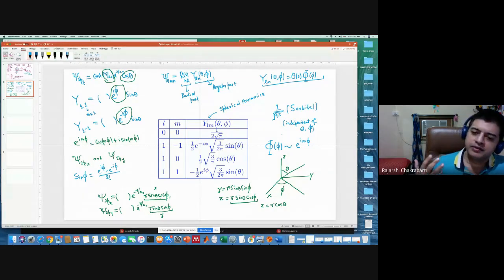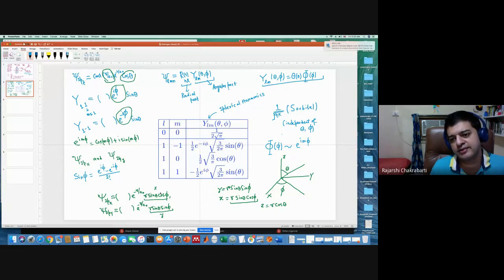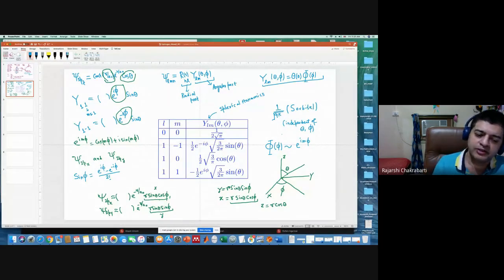It will be exactly the same. In the first case it will be the x-axis, and in the second case the y-axis. So you'll have two spheres. In case of z, it was along the positive and negative z-axis. But in this case, for px you will have it along the x-axis, and for the second one, along the y-axis. Is this clear?